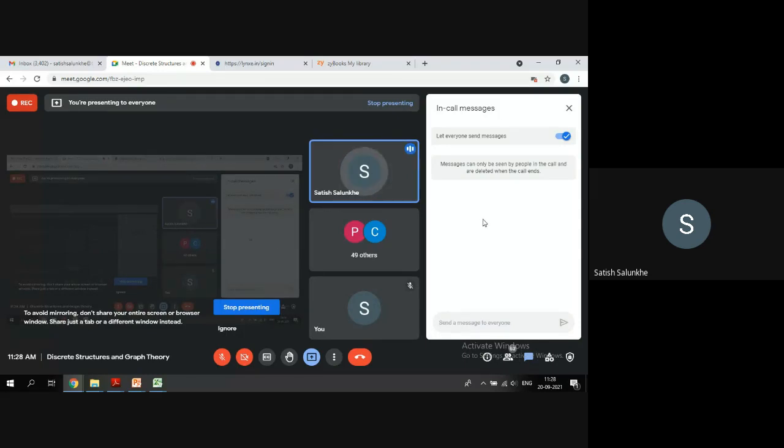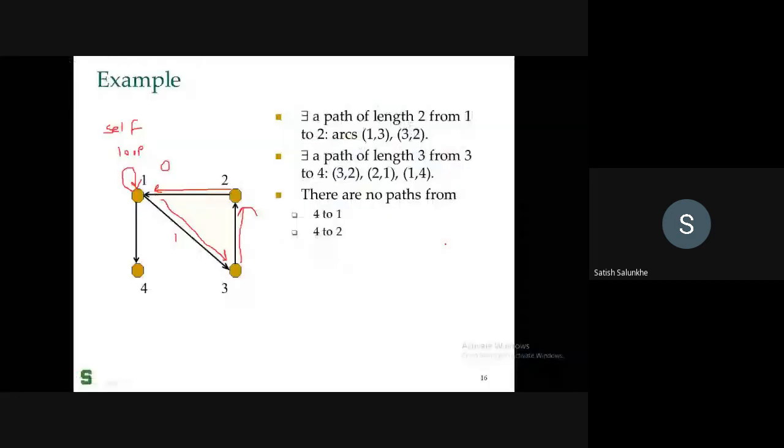I'm not getting any answers. Why is it so? Palak Kumari, can you unmute? Yes, sir, it's clear. Then please respond in the chat box. Everyone kindly respond in the chat box whether the concept is clear or not. Accordingly, I will decide whether to reiterate or proceed ahead.